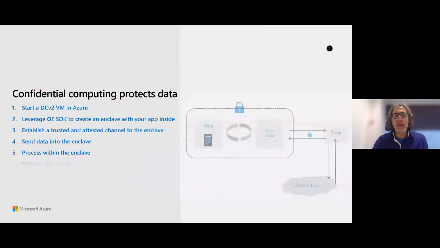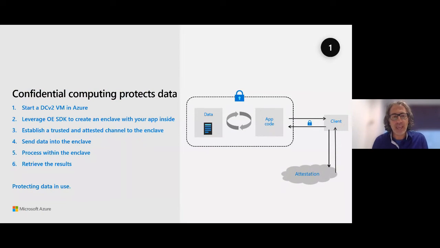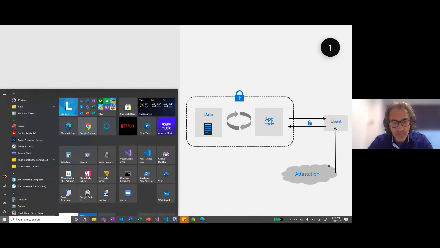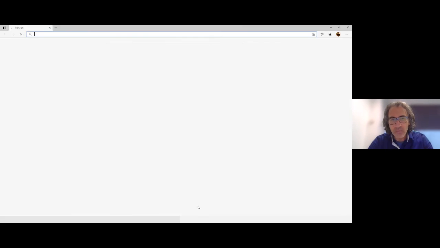Okay, and this is the case of the attestation. So you start with a DC VM, which is the special virtual machines that run on Intel SGX. Then you create a communication with the enclave. When you see OE SDK, that is the Open Enclave SDK, which I may be able to quickly show you.